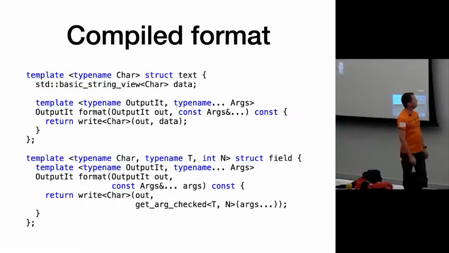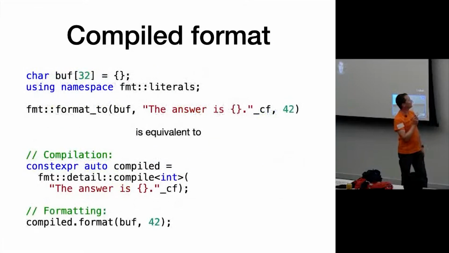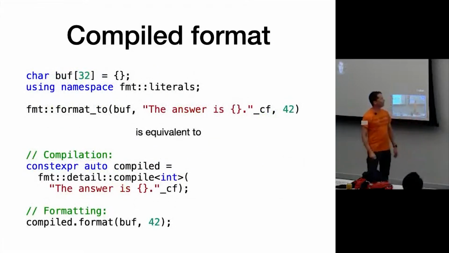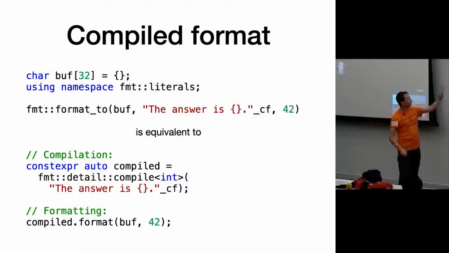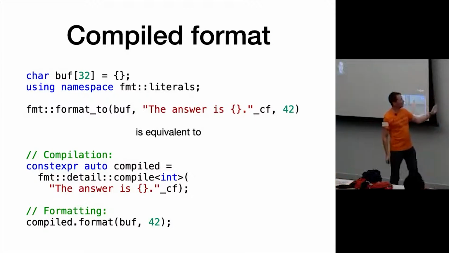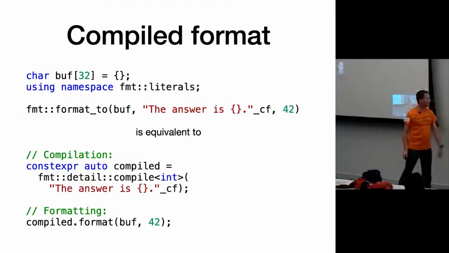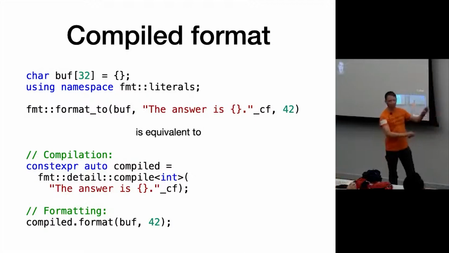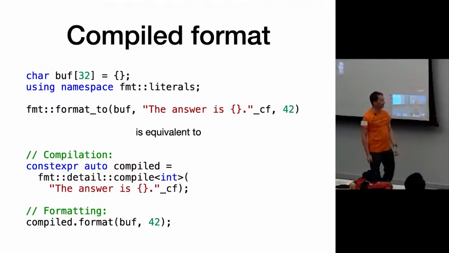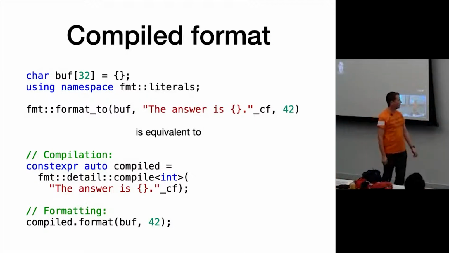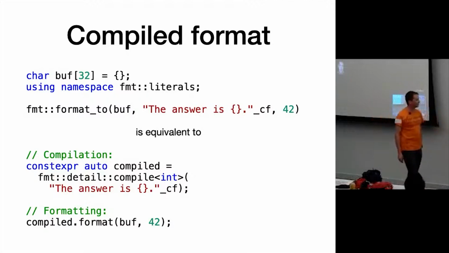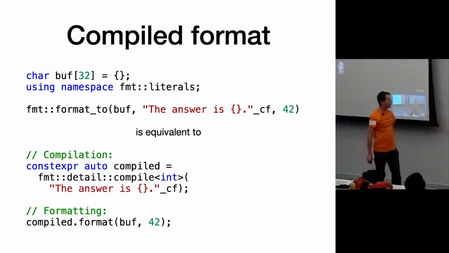Okay, where were we? So this is text, field, a few examples. And if you put it all together, how it works: if we have a call to format_to, which takes a buffer, format string, and integer, it is roughly equivalent to calling fmt detail compile, which creates that compiled object that I showed on previous slides, and then calling the format function that outputs this object.